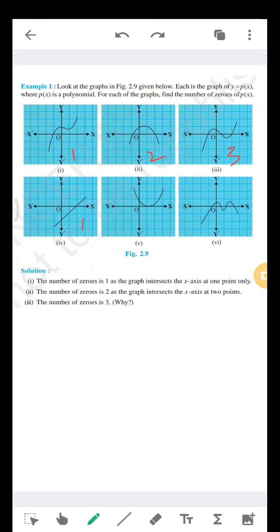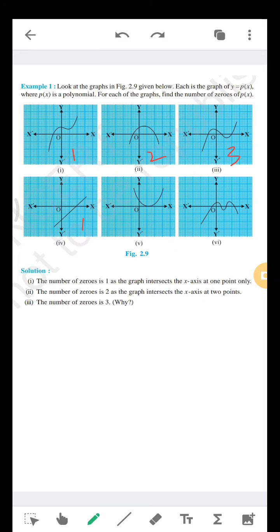The fifth graph has only 1 zero because it is meeting the x-axis only at 1 point. Then coming to the sixth, at how many points is this graph meeting the x-axis? Check out. 1, 2, 3, 4. So this graph has 4 zeros. So this is a biquadratic polynomial. This type of question can be asked for 1 mark.